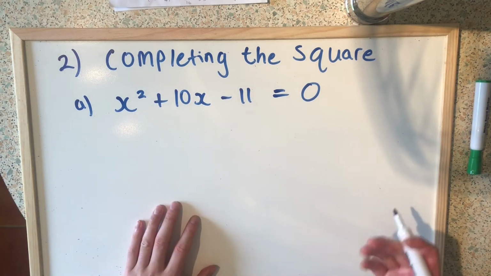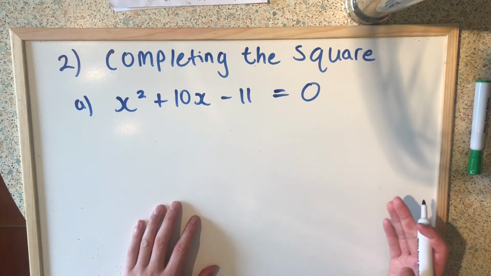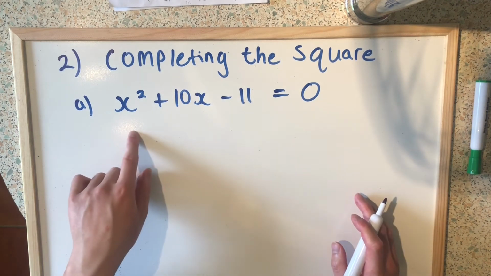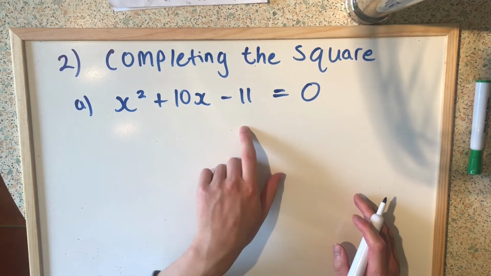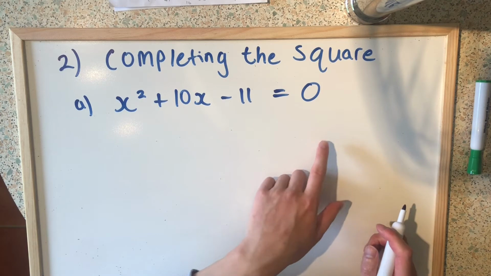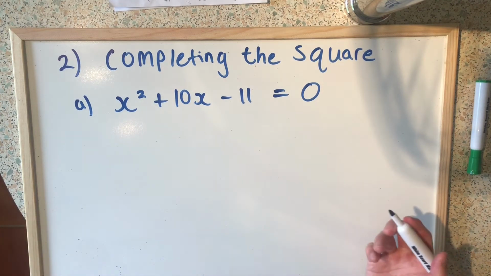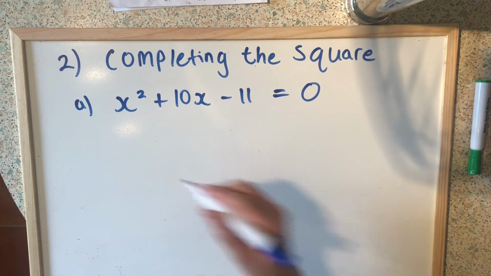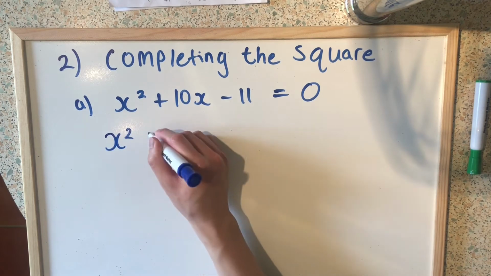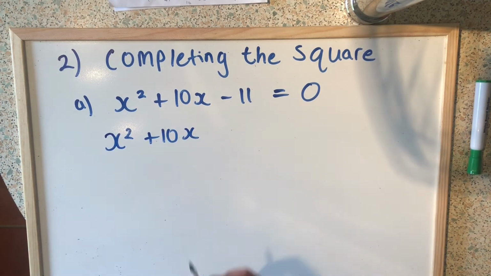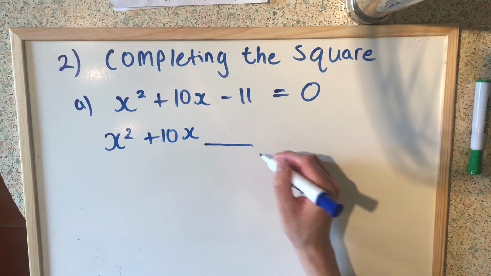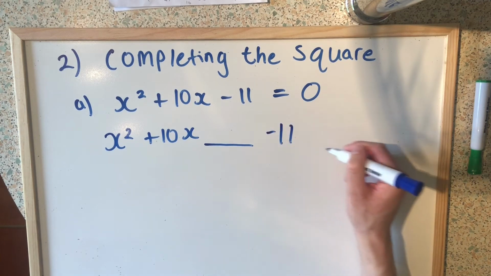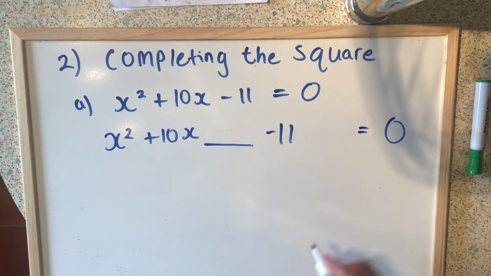Okay, so we can also solve quadratic equations by completing the square. So we've got x squared plus 10x minus 11 is equal to 0. If we want to complete the square, we're going to do the same as last time. x squared plus 10x, leave a space there, minus 11 is equal to 0.